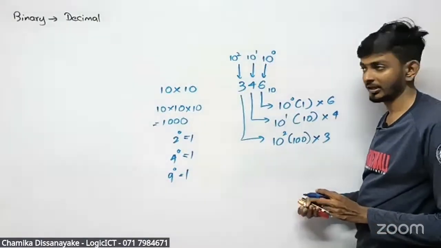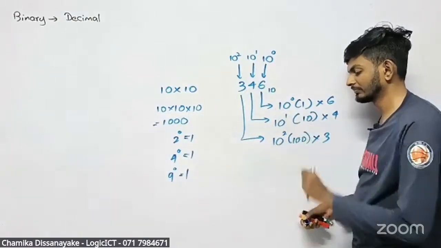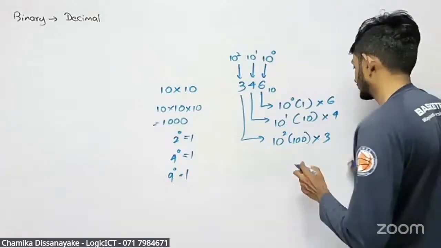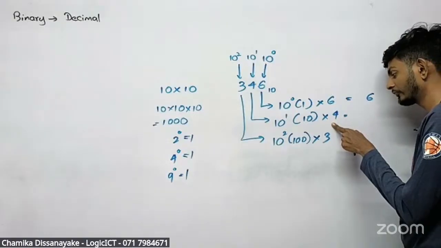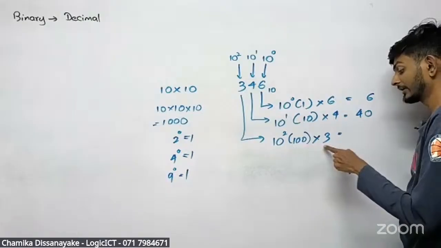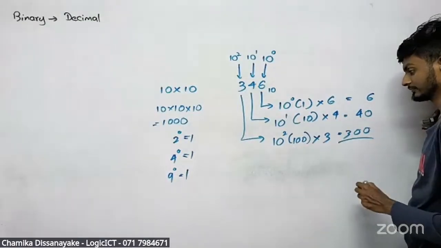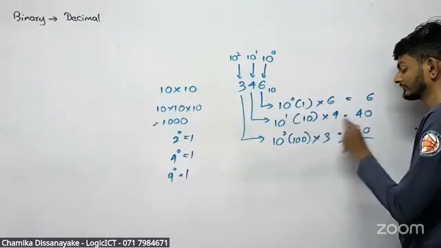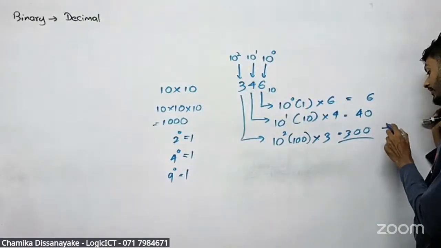We have written the value of these power numbers. So 6 multiplied by 1 is 6, 4 multiplied by 10 is 40, 3 multiplied by 100 is 300.